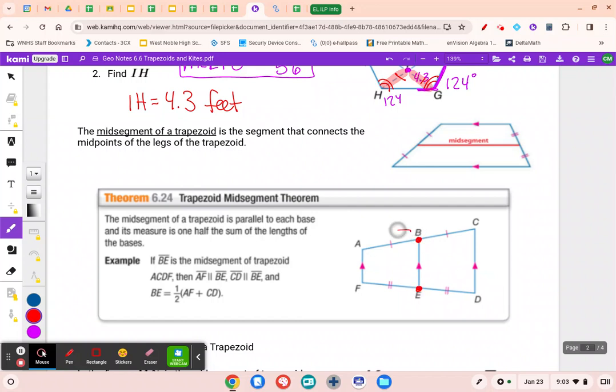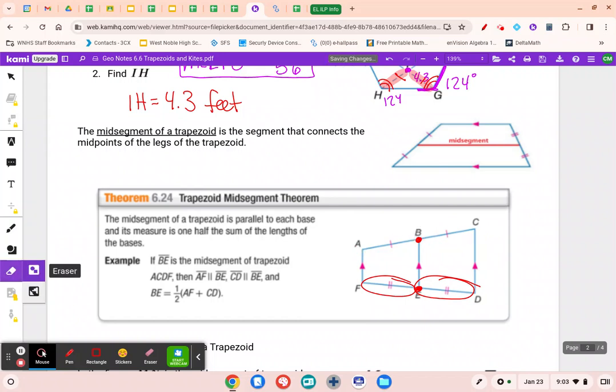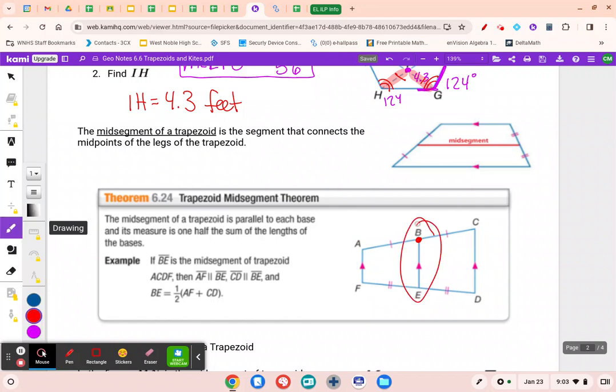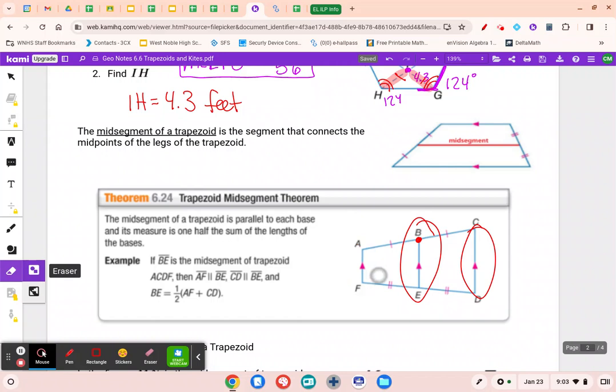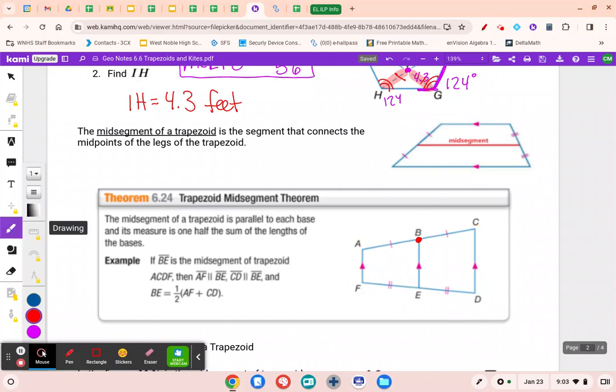That means that this part and this part are the same because it's cutting that segment in half, and that these two are the same. It does not have to be part of an isosceles trapezoid. It just has to be a mid-segment. Now, the cool thing is you can actually find the size of that segment if you know these two, or vice versa. You can actually find the size of any of them if you know two of them. So we are going to go ahead and do that.